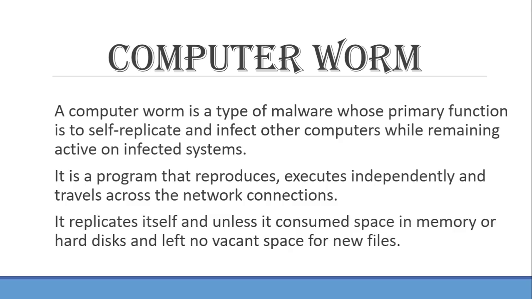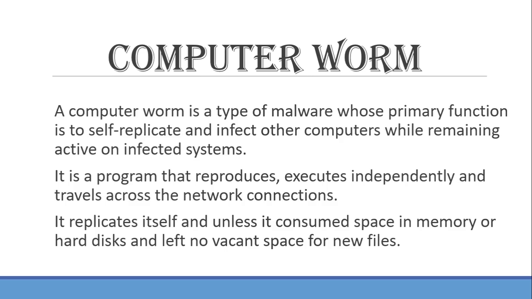It replicates itself until it consumes space in memory or hard disk and leaves no vacant space for new files. So friends, a worm is also a type of attack or threat to our computer. Like a computer virus, it may affect the working of our computer, and sometimes our computer may get stuck and stop working, right?